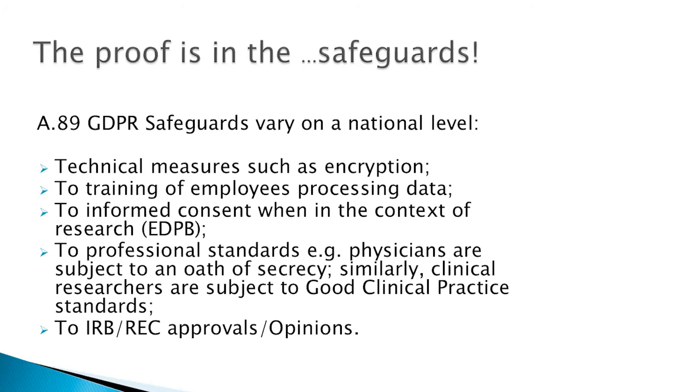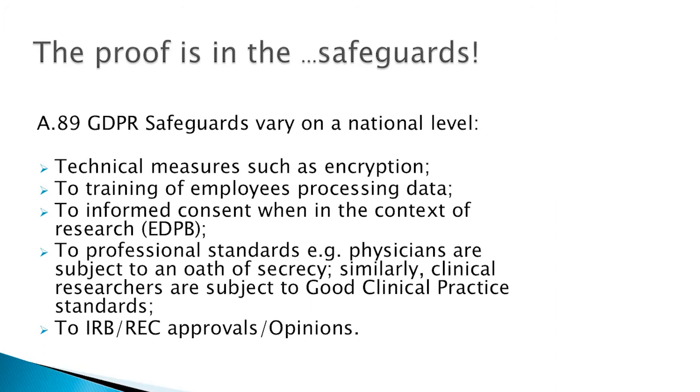It all comes down to when we have to assess and do this balancing test between privacy rights and Article 89 safeguards. But this varies on a national level from country to country, and it complicates things even more. It varies from technical measures such as pseudonymization or encryption, to training of employees, or to informed consent.